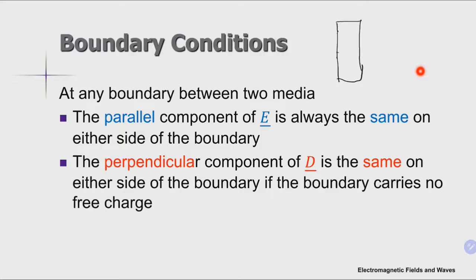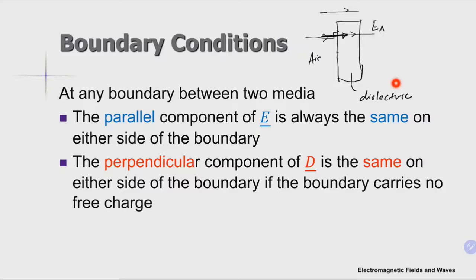If we apply an electric field, the electric field behaves differently. Here I have A, and then this is a dielectric. The electric field applied is perpendicular to the surface between A and the dielectric material.